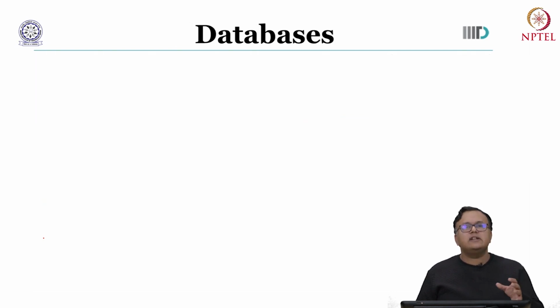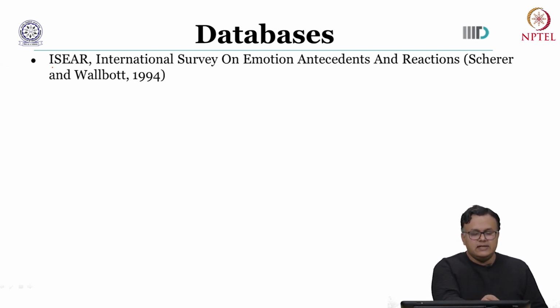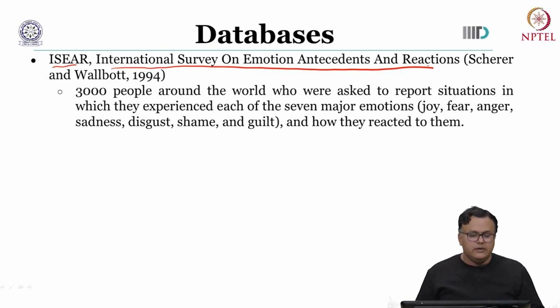Now friends, let's look at some of the standard resources which are available for text-based emotion understanding. There is a dataset called ISEAR, which is essentially the International Survey on Emotion Antecedents and Reactions by Scherer and Wallbott from 1994. In this there are 3,000 people who were asked to report situations in which they experienced each of the 7 major emotions.